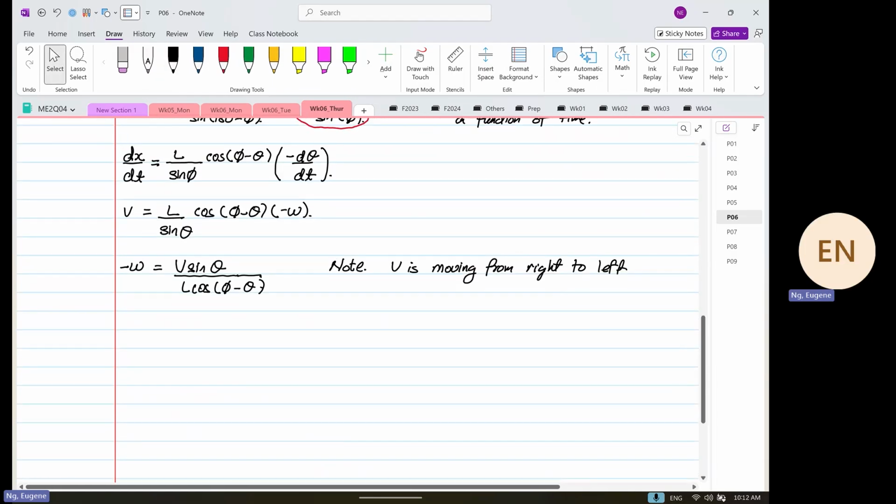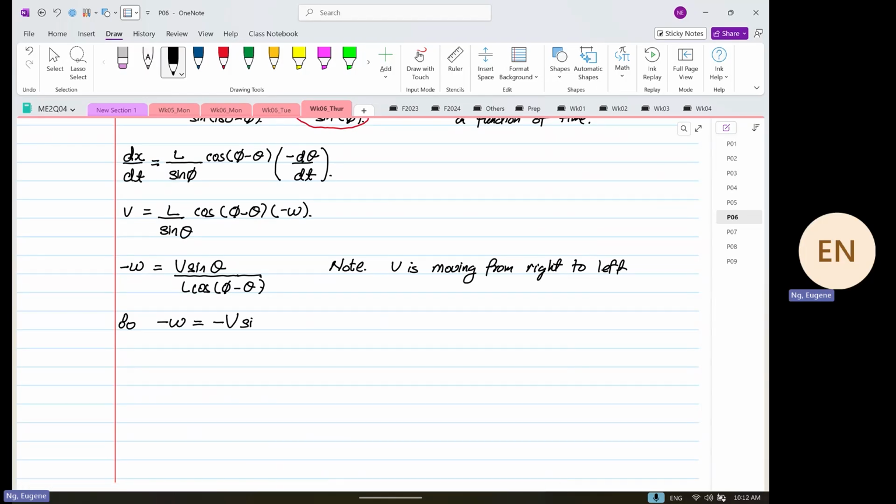Therefore, minus omega is equal to minus v sine theta over L cos of pi minus theta. And finally, omega is equal to v sine theta over L cos of pi minus theta. Remember what I told you? It must be positive.